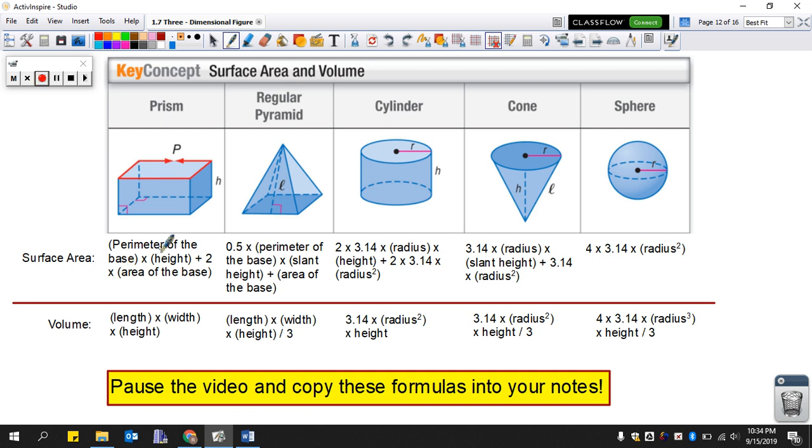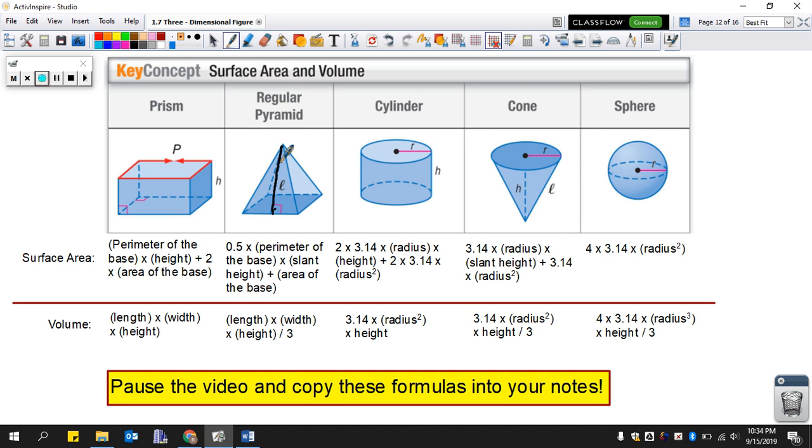All right. Same thing goes with a regular pyramid. You take half of the perimeter of the base times the slant height. Remember, the slant height is not the height of the pyramid, but the height of the triangular face.